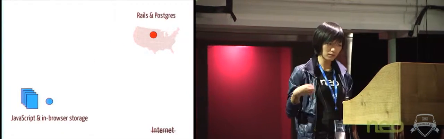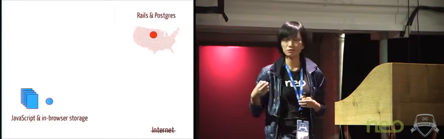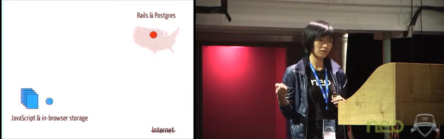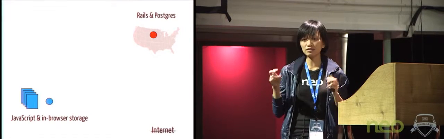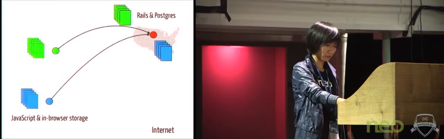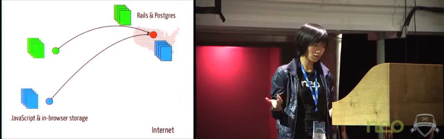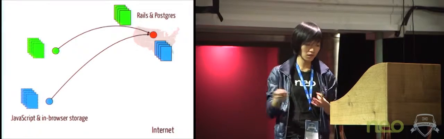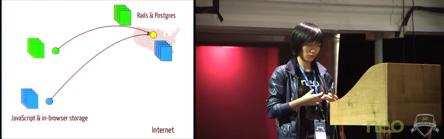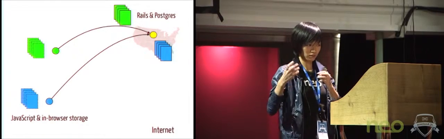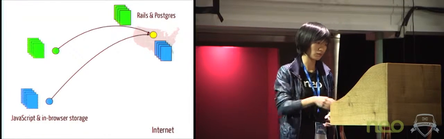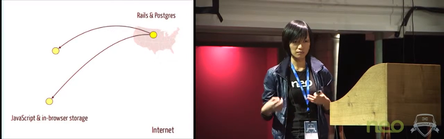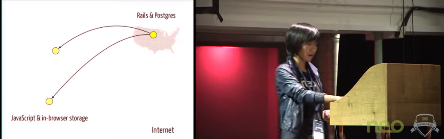When the internet is off, users should still be able to make changes to the database, and the changes are going to be persisted in the browser. When the internet gets back on again, all the clients are going to sync their changes to the server side. The server is going to merge all the changes, come up with a mixture of green and blue, maybe yellow here. Then the client syncs back with the server again and gets the updated application.